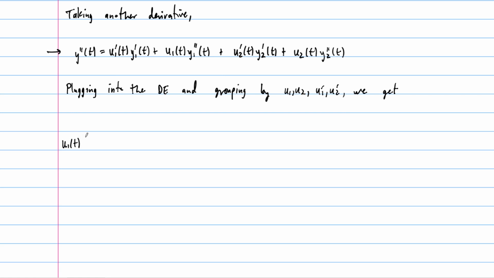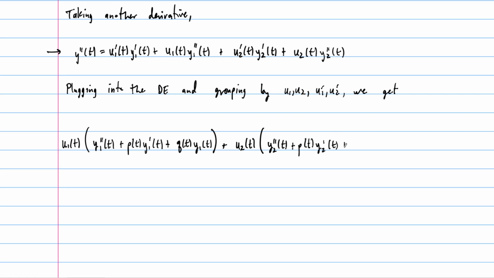So u1 of t times y1 double prime of t plus p of t y1 prime of t plus q of t times y1 of t, that's all times u1, plus u2 of t times y2 double prime of t plus p of t y2 prime of t plus q of t times y2 of t, plus then there's a couple more terms.